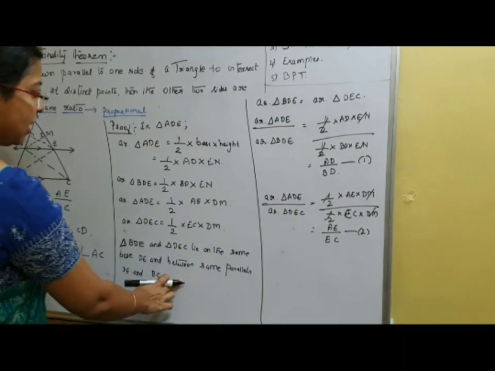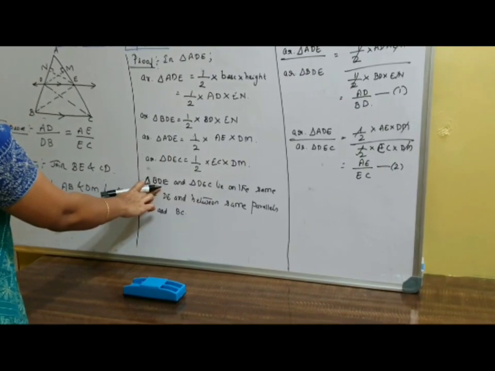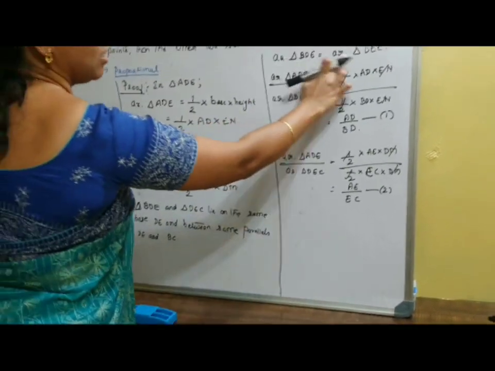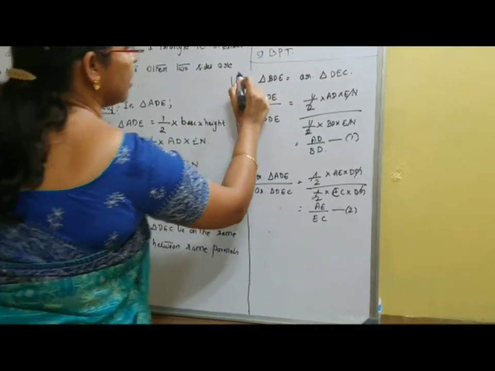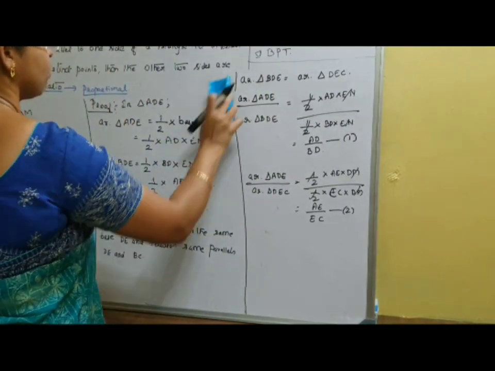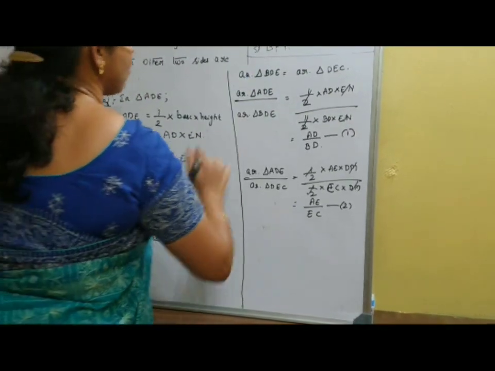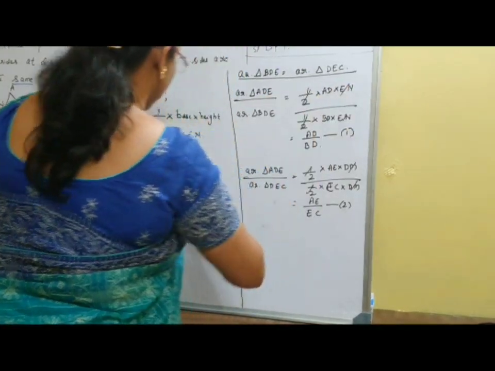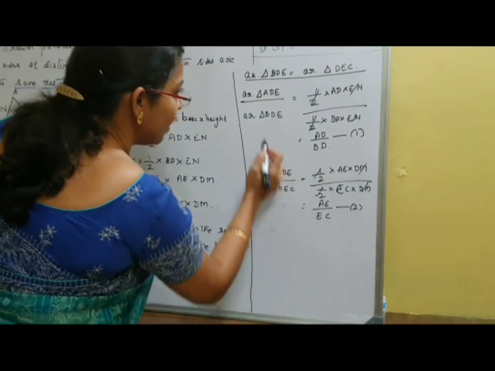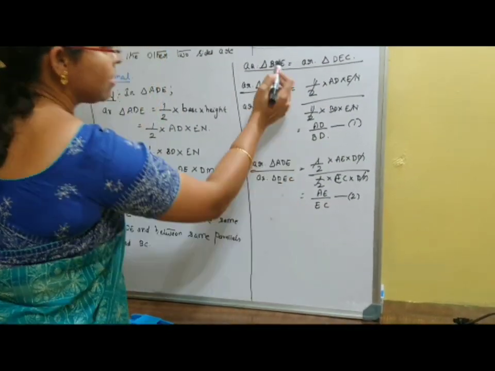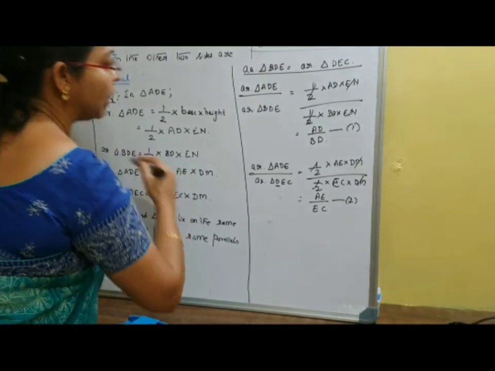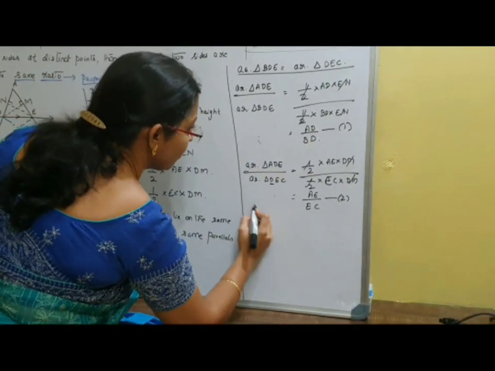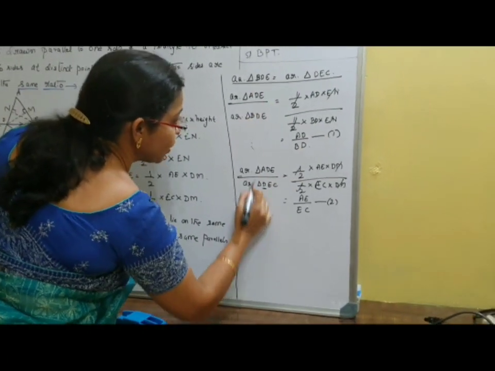And since the area of triangle BDE and DEC is equal, and we have already given the reason why these two are equal, we can write, in place of DEC, area of triangle BDE. So in equation 2, we will substitute this.